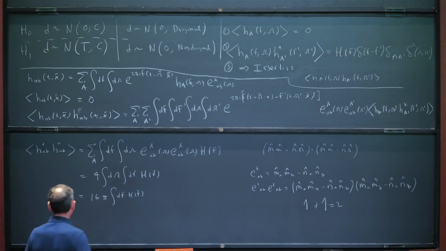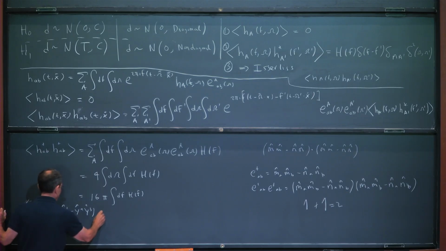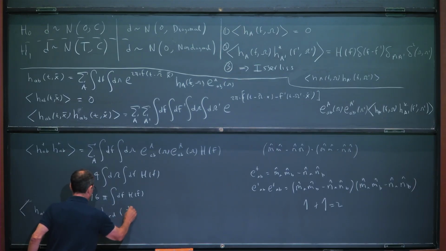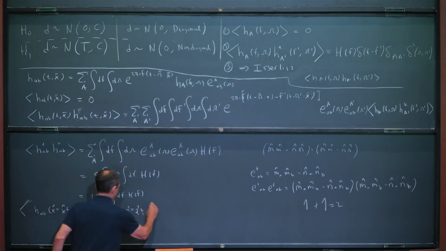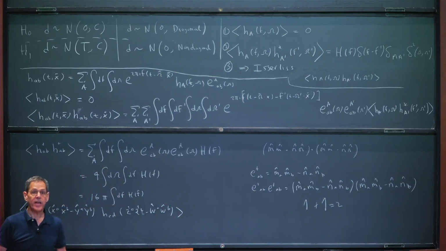You could do this. You could say, oh, I have a detector which has arms x hat and y hat. And so I want you to look at this quantity, x hat A, x hat B, minus y hat A, y hat B. That's the response of one detector, and I want to know the expected value of that times the corresponding quantity, CD, maybe for some different detector, z hat A, z hat B, minus w hat A, w hat B. That's a question you can ask and you can calculate.